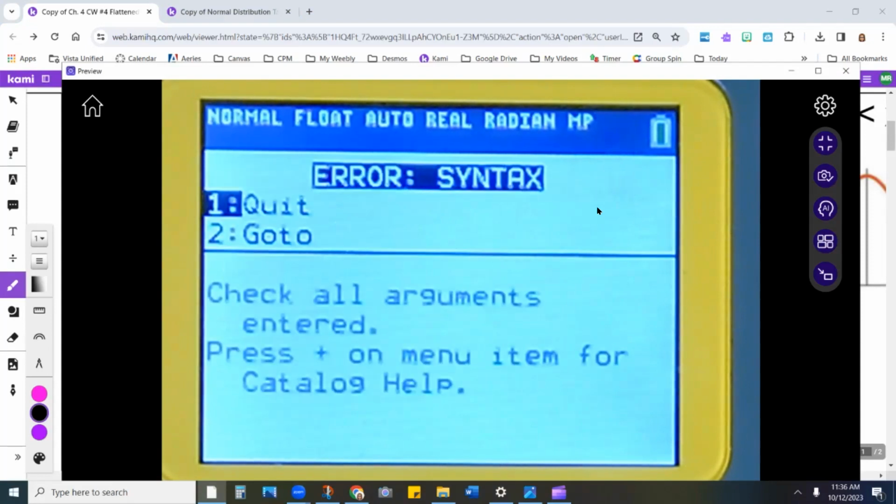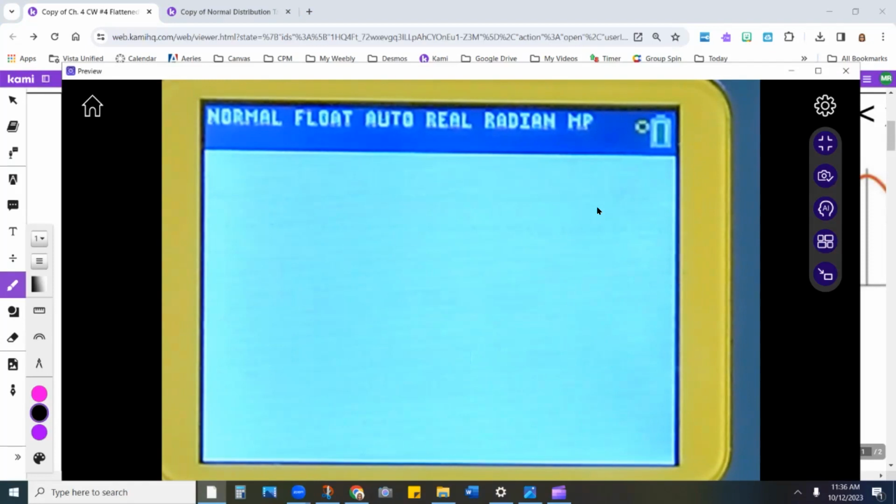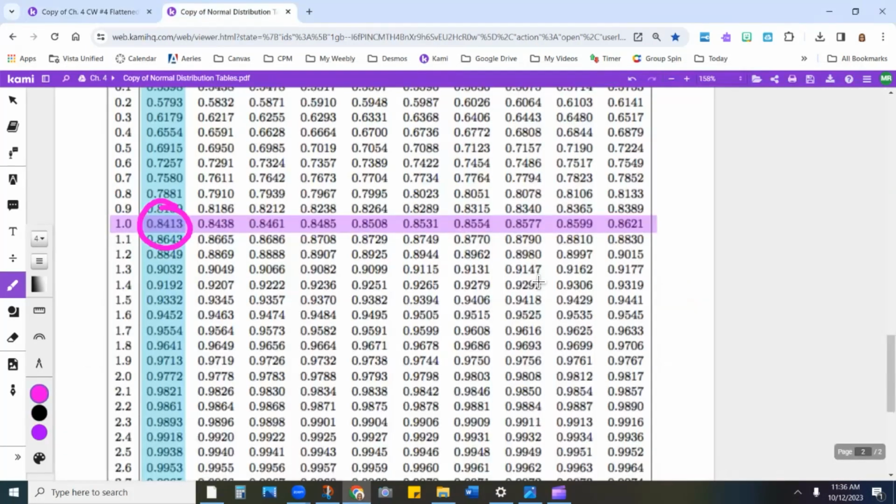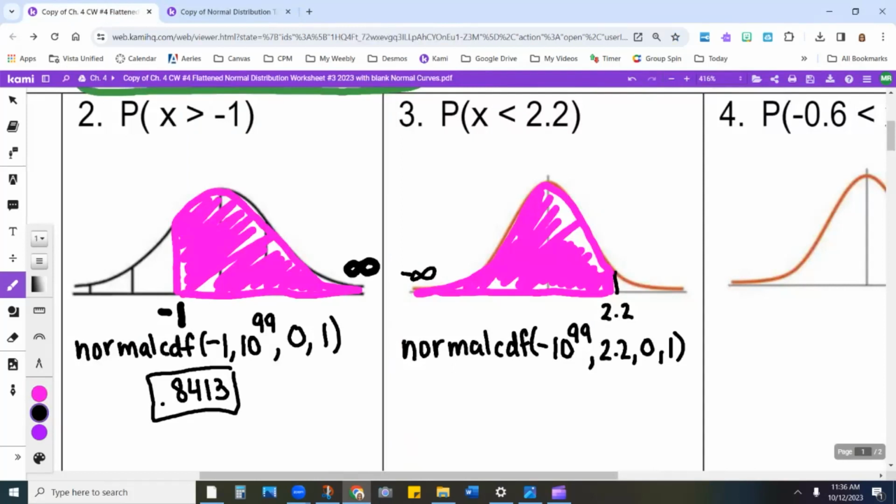And whoops. Negative, not a minus. And I get a 0.9861. So I'm going to get a 0.9861 right here. Now, again, if I'm looking at the table, I want a whole half onto the other side to a 2.2.